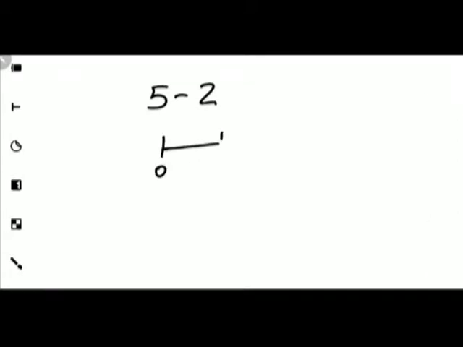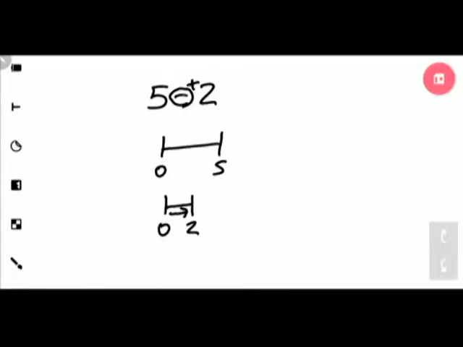0 to 5. 0 to 2. Because this is a positive 2, we are moving in that direction. However, because we are subtracting, we are reversing direction.